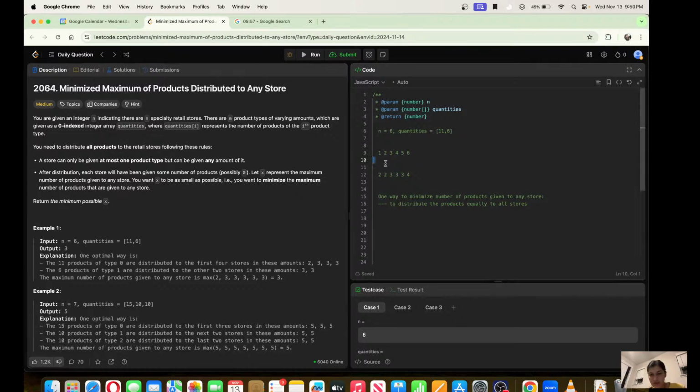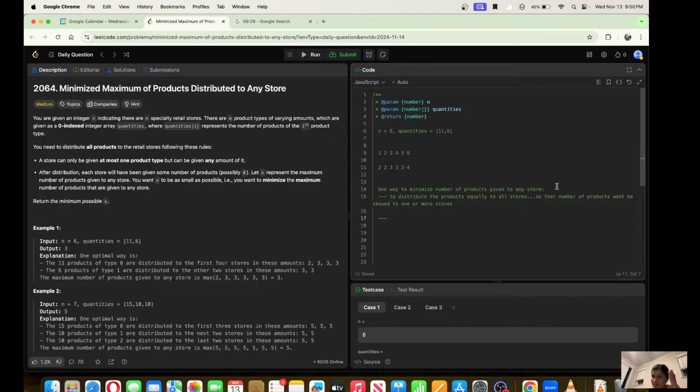That is why the best way is to distribute the products equally to all stores, so that products won't be skewed to just one or more stores.